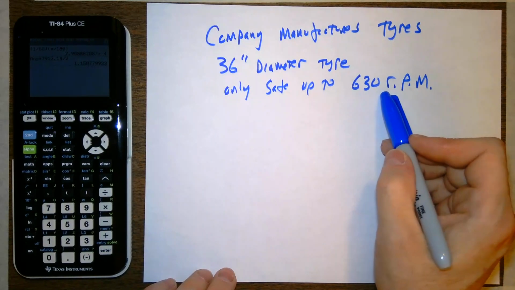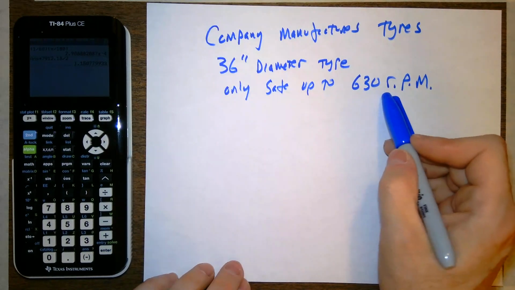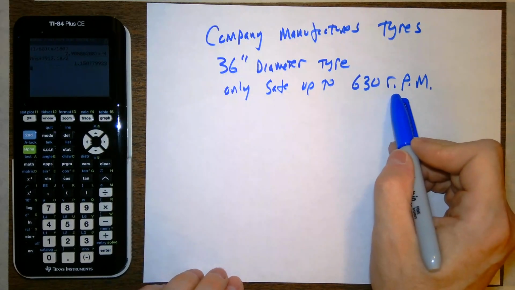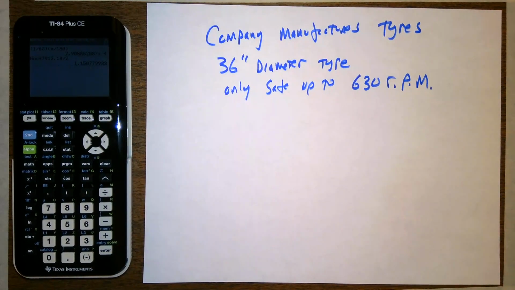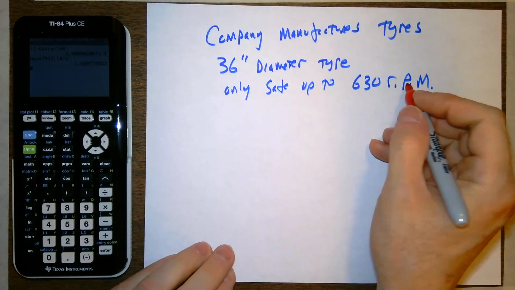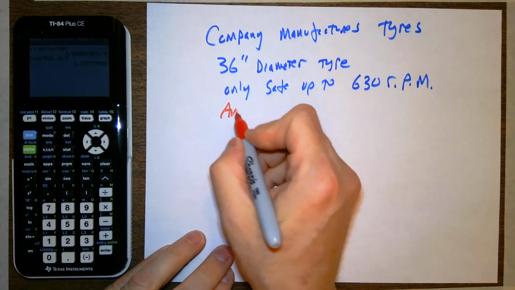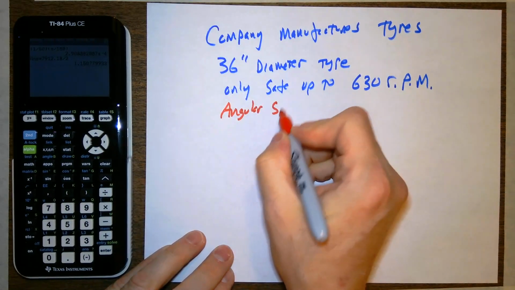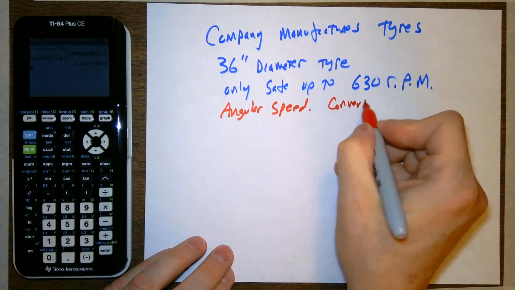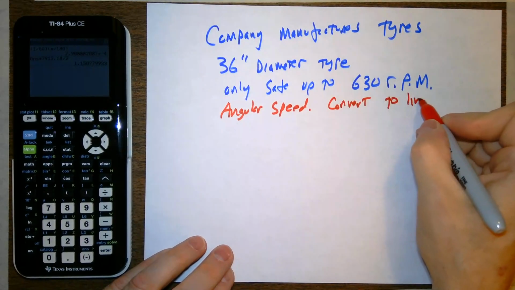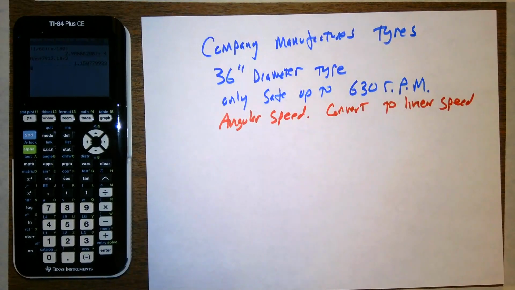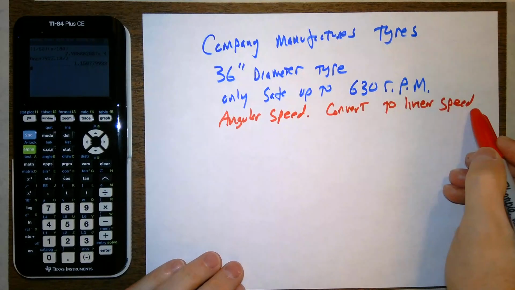What would make sense? Well, we really want to be able to tell people miles per hour. What's the limit in miles per hour? So I have to convert. Now, this 630 revolutions per minute is an angular speed, and I want to convert it to a linear speed, like miles, linear, flat, miles per hour.